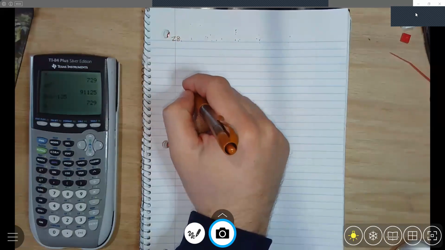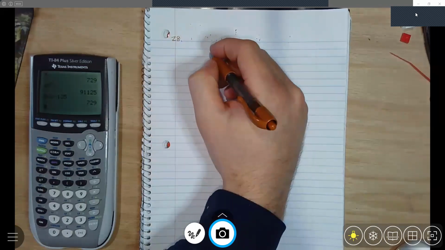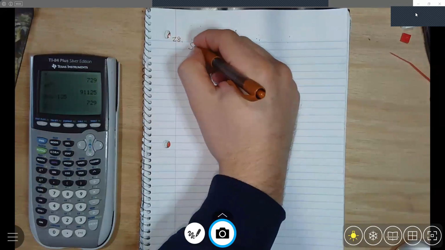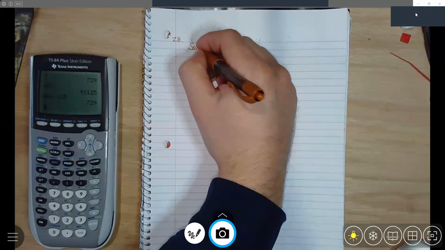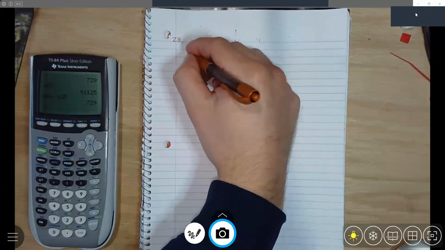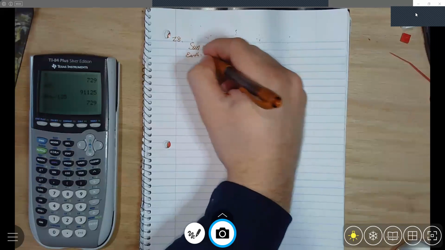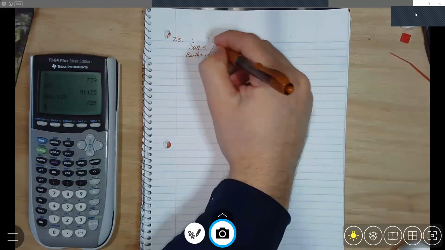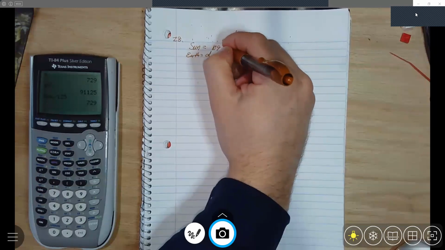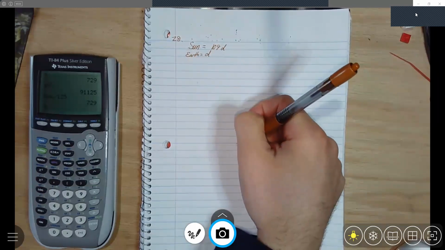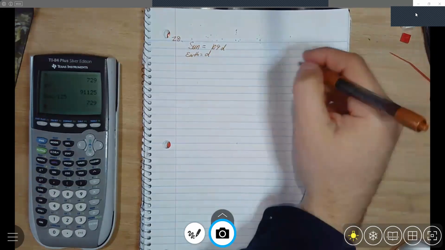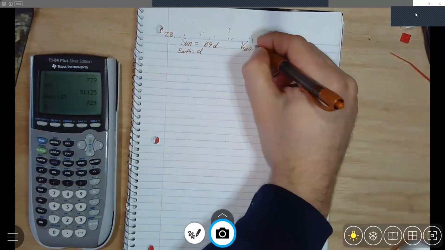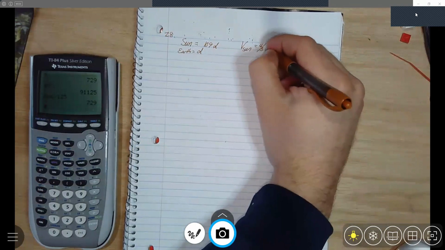The diameter of the sun is about 109 times the diameter of the Earth. How do their volumes compare? So let's just say the Earth diameter is d. Then the sun's diameter is 109 times d. So they're both approximately spheres. So volume of the sun is 4/3 pi.